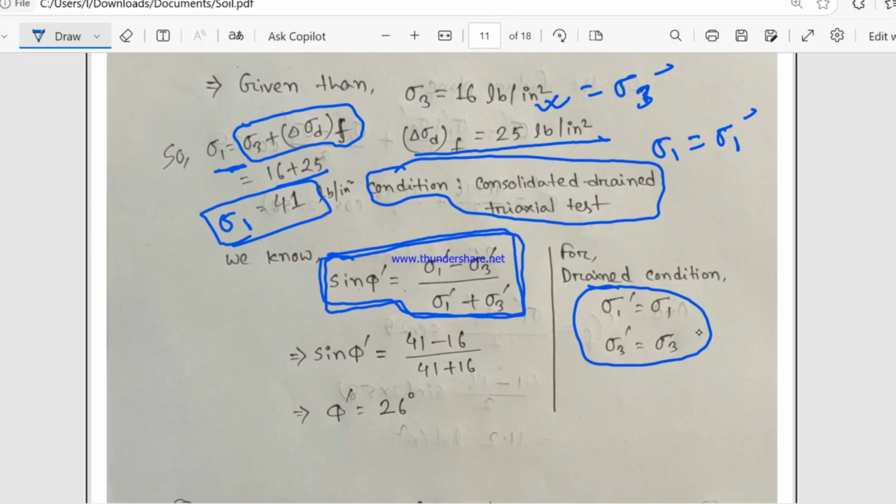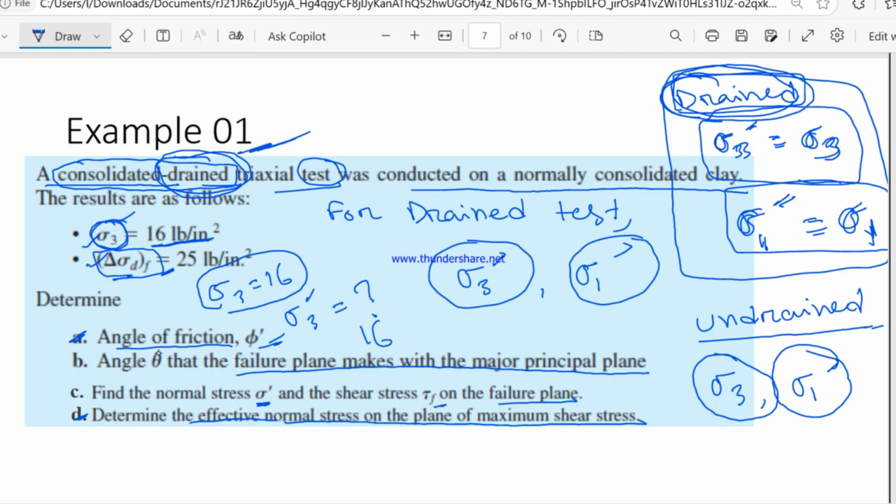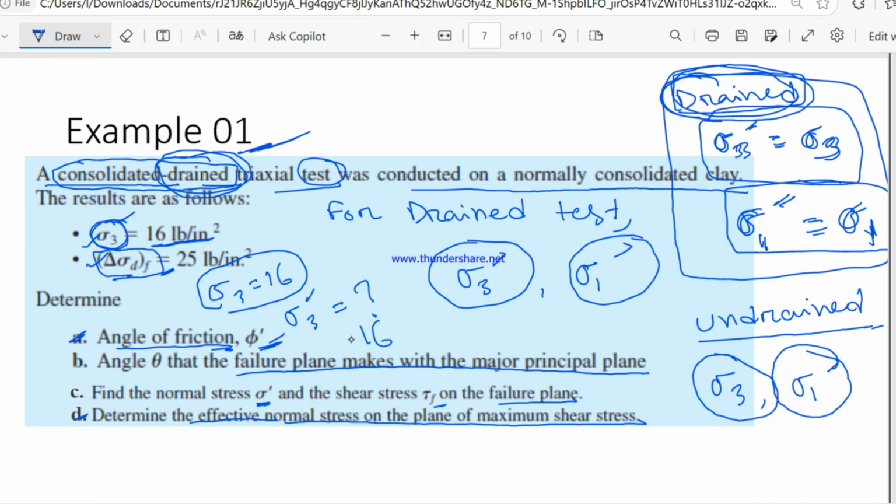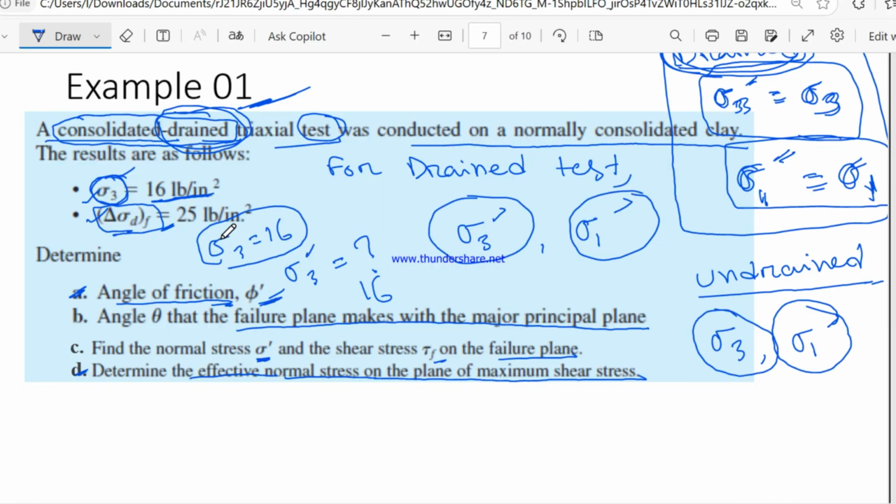So sigma 1 prime is 41 and sigma 3 prime is 16. Then we get phi prime is 26 degrees. The angle of friction phi prime is 26 degrees.